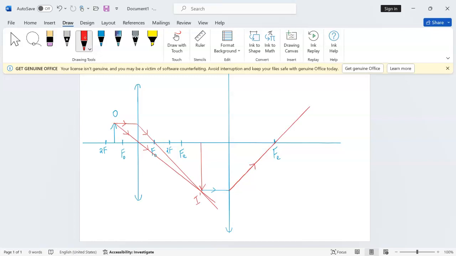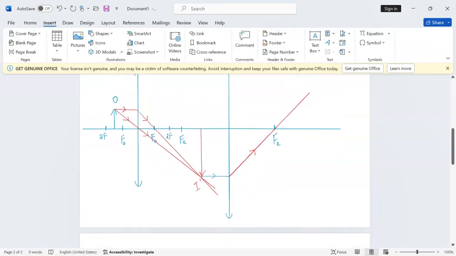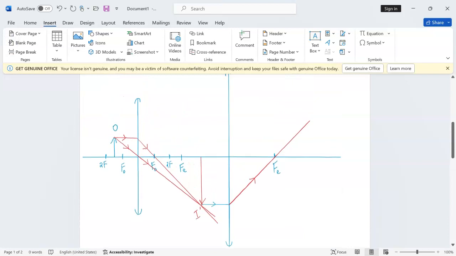If we draw a ray through what we are calling the optical center of this second lens, such a ray is going to pass on undeviated. So from the image through the optical center, the ray passes undeviated.